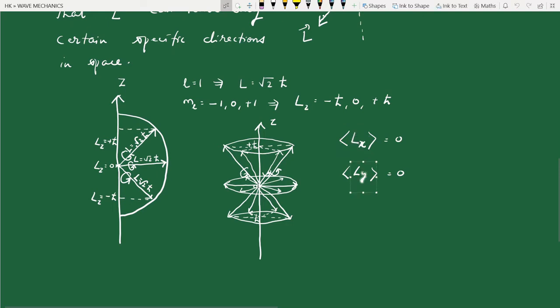This is clearer when we look at this family, the one for which Lz is equal to 0. This family of directions lies on a circle in the xy plane. These are the vectors showing the direction of the angular momentum vector.